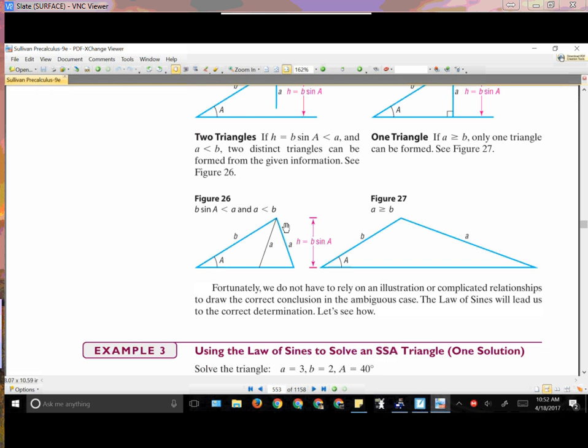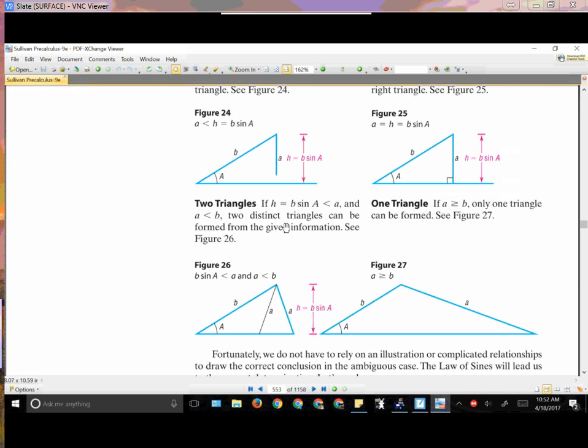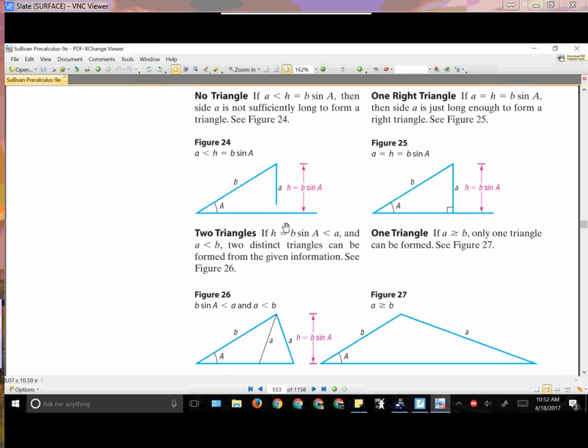So it turns out to be an ambiguous case. Now, one triangle is going to happen if and only if A is greater than or equal to B. So if I know that side A is larger than B, the only way for me to draw that triangle is to go this way with it.